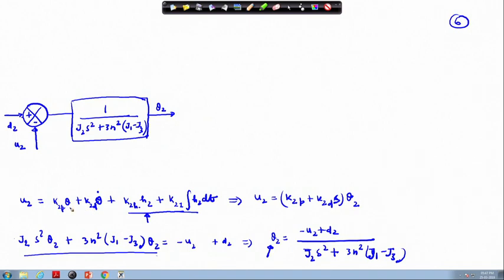Here in this case we have written in terms of theta 2. So, we will write theta 2 here, and for this part accordingly we have k 2 h plus k 2 I divided by s. So, this is taken care of.